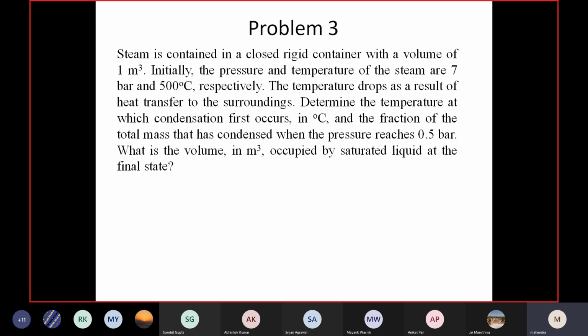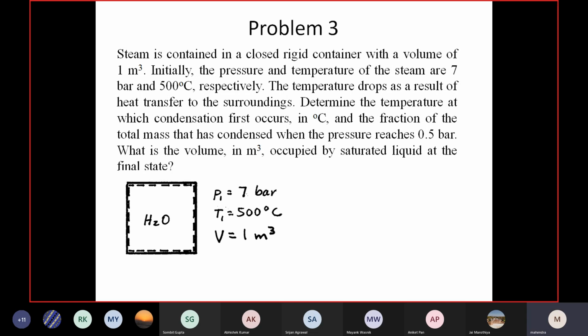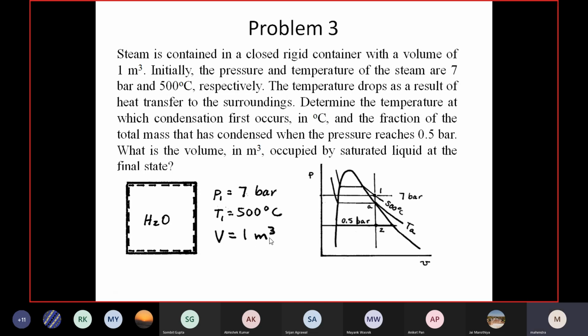Then when it reaches 0.5 bar, you have to find out the volume. This is the initial condition: 7 bar and 500 degrees centigrade, 1 meter cube. This is point 1.